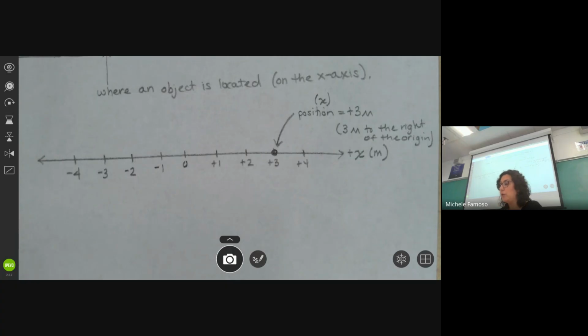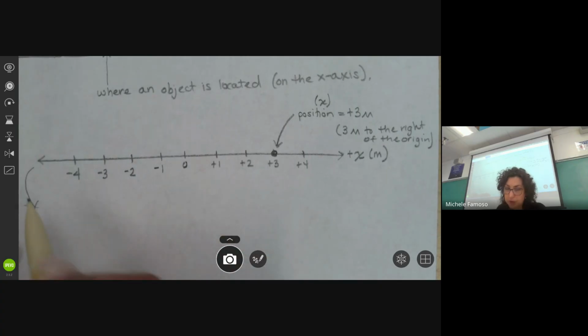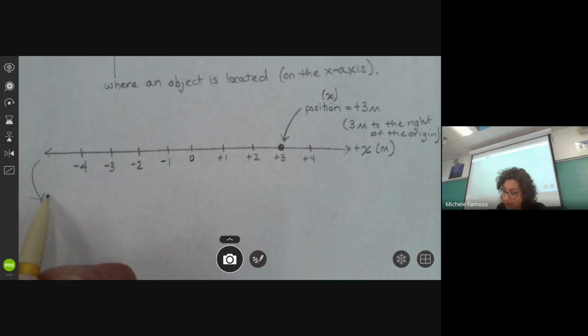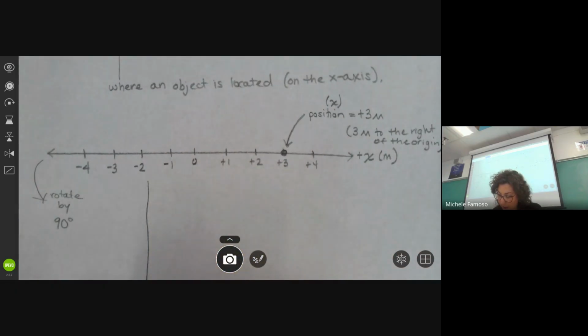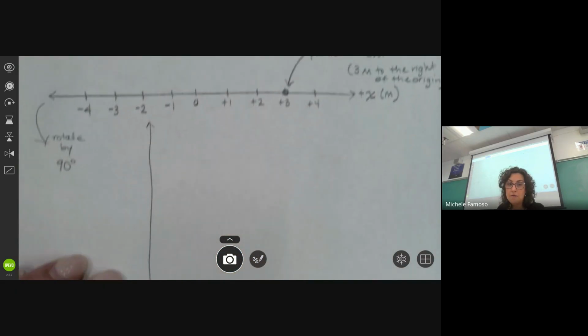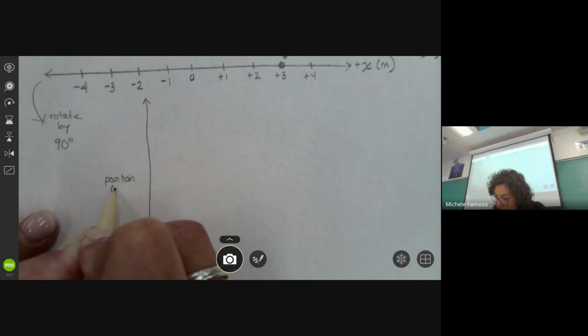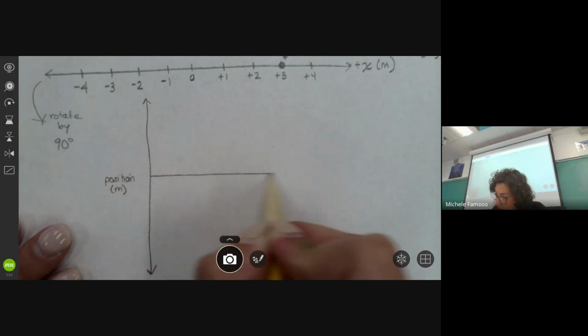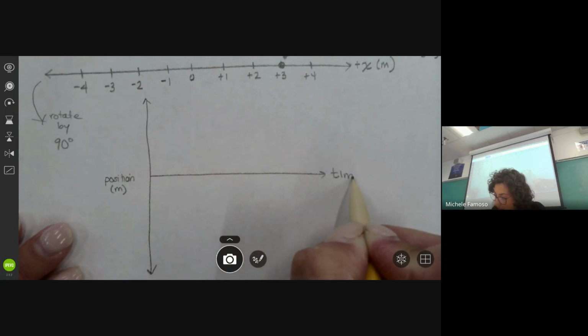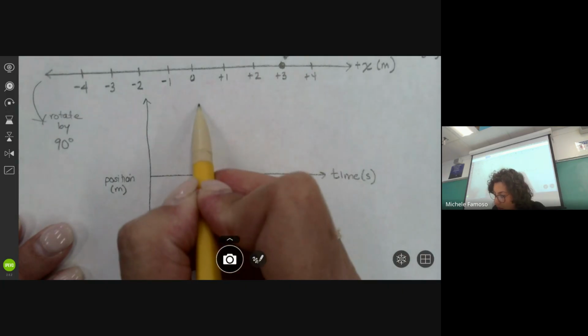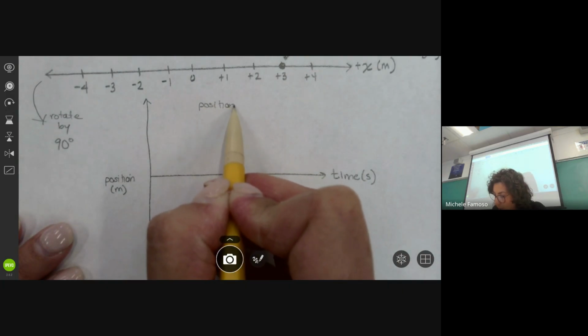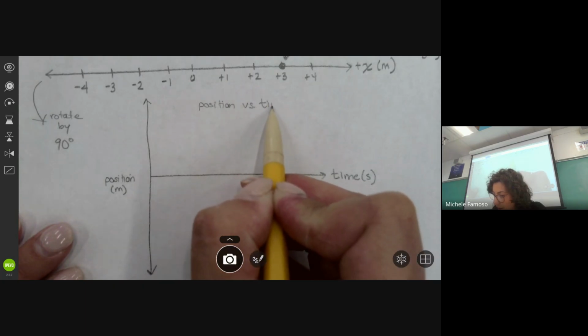Now, in terms of trying to create a position time graph from this information, I want you to envision taking this and rotating it by 90 degrees, which means that x-axis now becomes the y-axis of a graph, which we're going to label position in meters. Here's the horizontal axis, which will represent the time in seconds. So the title of this graph would be position versus time.